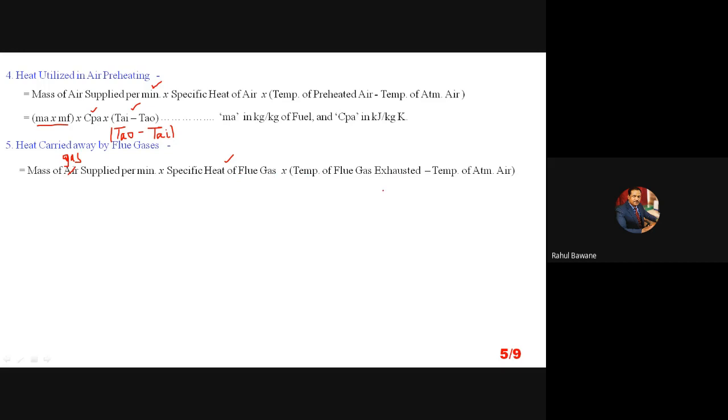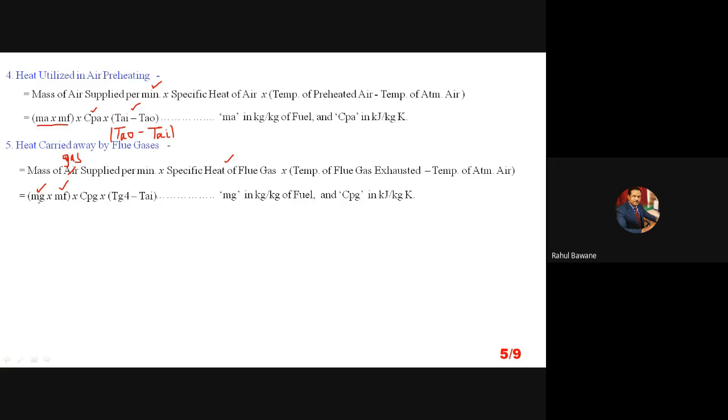Now what is the temperature change? So temperature after air preheater and temperature of atmospheric air, this much temperature difference the exhaust gases have, and that thermal energy is exhausted into atmosphere. So mass of gases multiplied by mass of fuel. Now mass of exhaust gases will depend on mass of fuel.